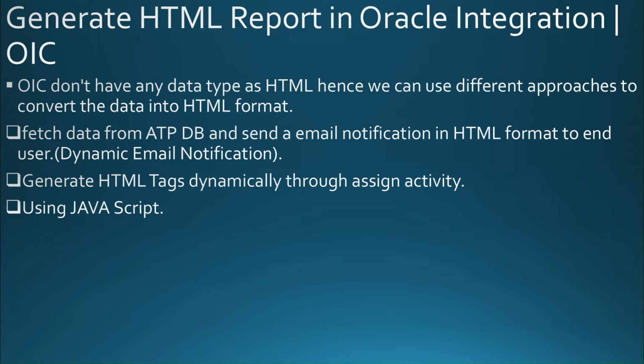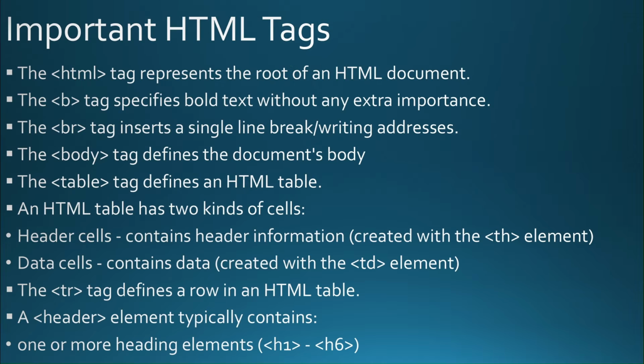So in order to generate an HTML format, you have to write some tags. If you want to generate an HTML format report, you need to get some understanding of the HTML tags. As you can see, savings of the employees, you can see the month and savings in a tabular format, right?